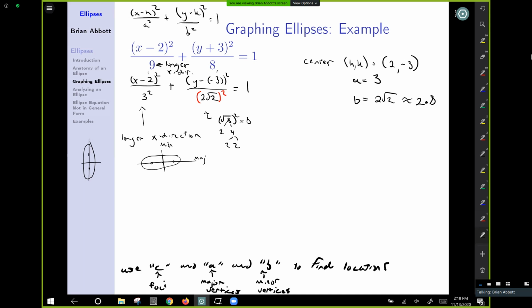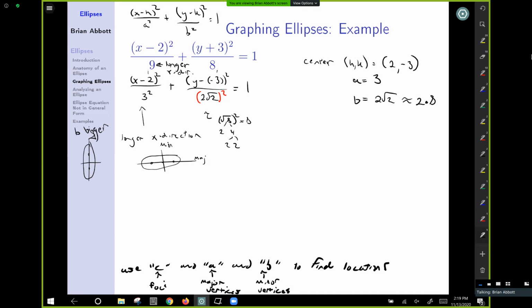In that case, the number b, the number underneath the y expression, would be bigger. And I always stick to a being, as we mentioned before, in the x direction and b in the y direction. I always just draw the picture if I'm going to calculate c.